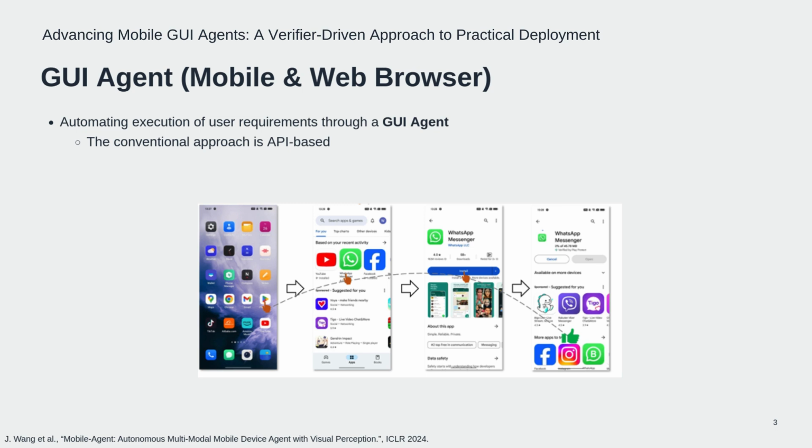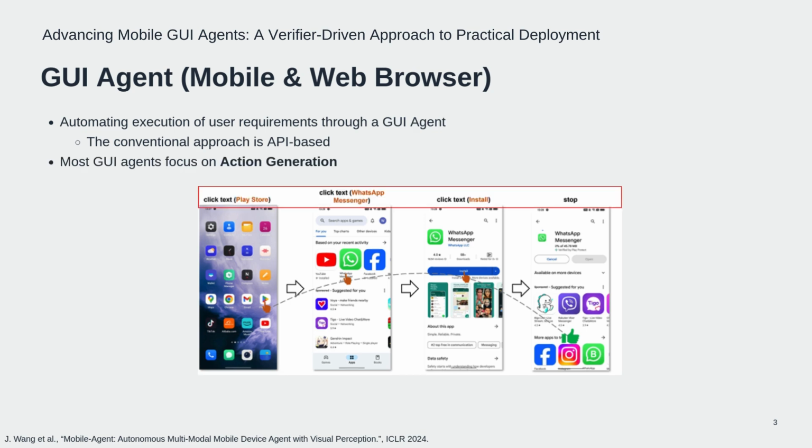The conventional approach for such agents has been largely API based or using script sequences, which doesn't generalize well across different apps. Recent research has instead turned to LLMs to power GUI agents. The LLM observes the app's UI and generates actions to take. In other words, most GUI agents focus on action generation.